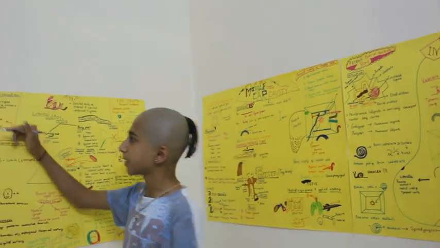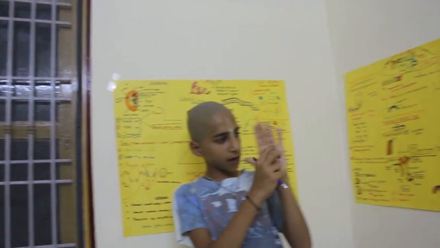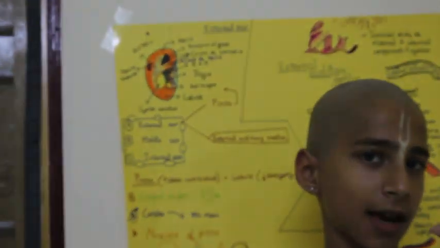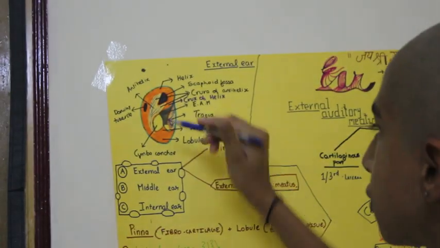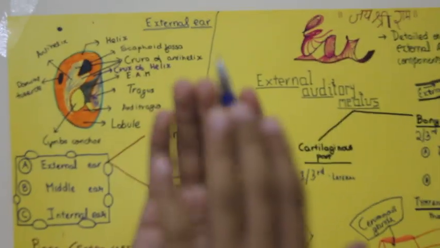I explained the tragus, it's a small flap. When the ear comes like this, we have a small flap protecting the external auditory meatus. I forgot to mention this portion. It literally covers the external auditory meatus.